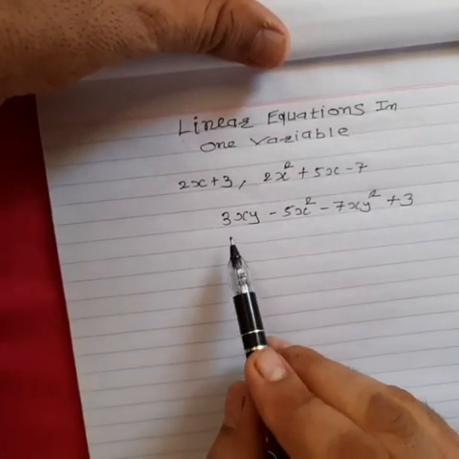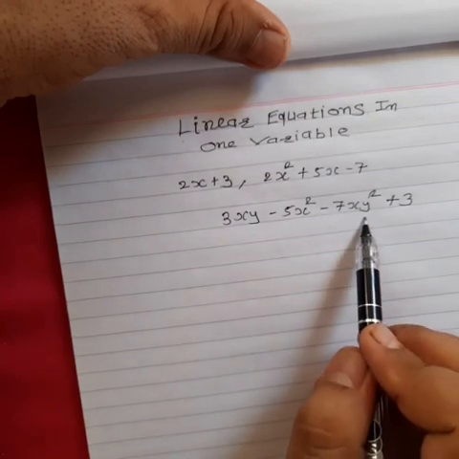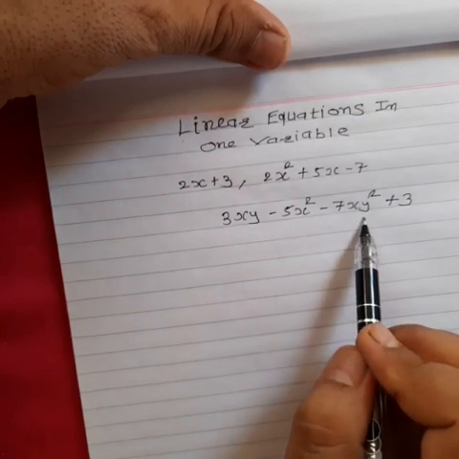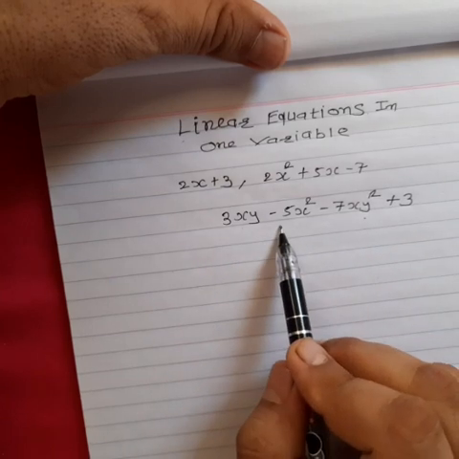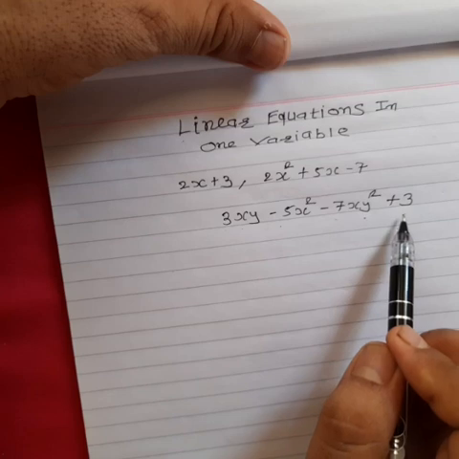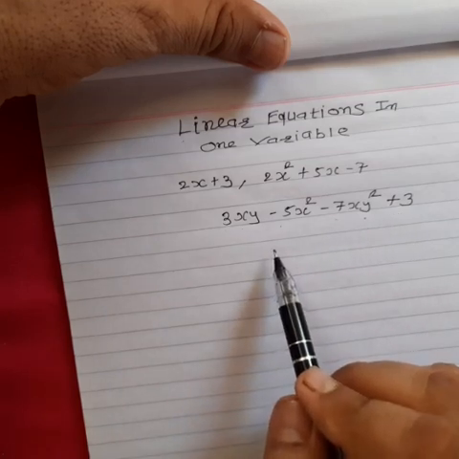Here x and y are variables because we don't know their values, and 3, minus 5, minus 7 and plus 3 are fixed values.